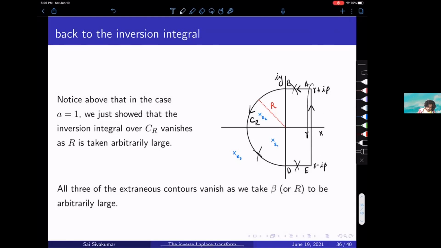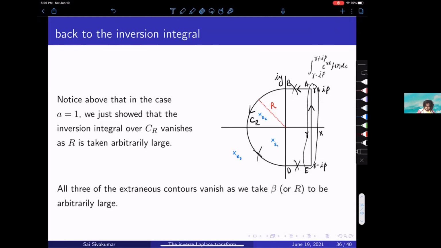Right now, this last part is just going to be the integral from gamma minus i beta to gamma plus i beta of e to the zt f of z dz. We will get the 1 over 2 pi i from the residue theorem, right? So all of these other three go away.